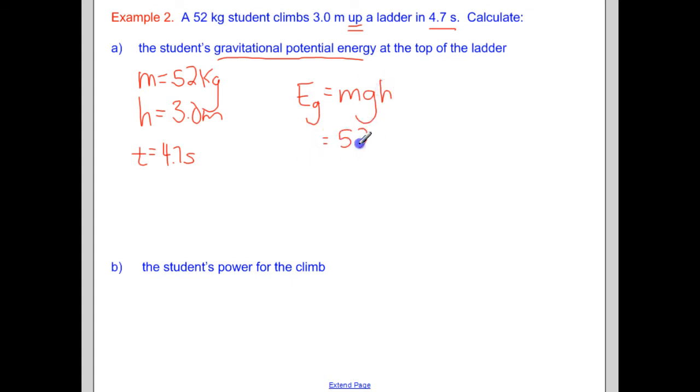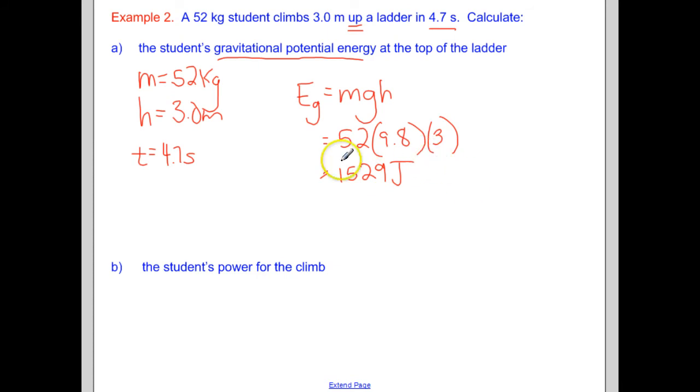So we have 52 times 9.8, which is gravity always, and our height is 3. And so we end up with a gravitational potential energy of 1,529 joules.